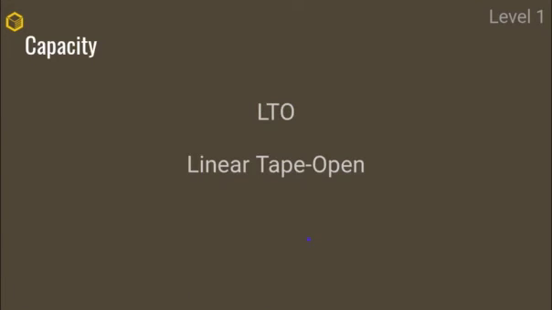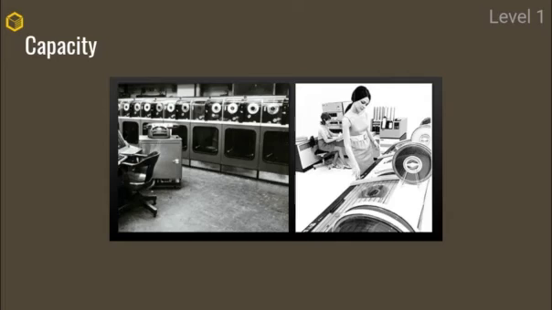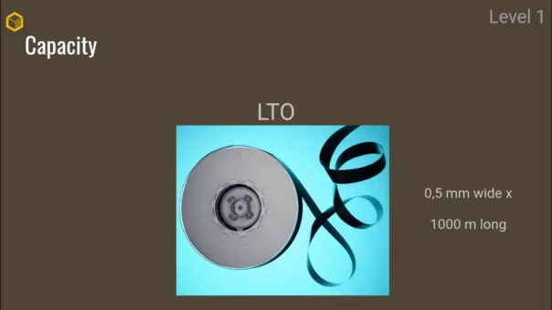And now LTO actually translates to linear tape open. It's an open standard for tape. Yes, exactly, tape. The thing that people used to store data on in the 60s and 70s. It's still around, and it's kicking as strong as ever.